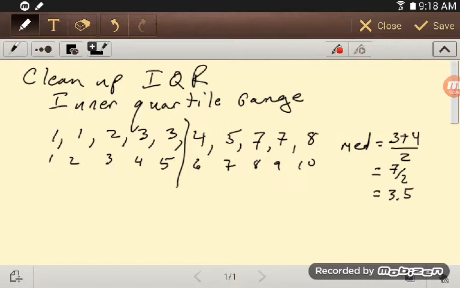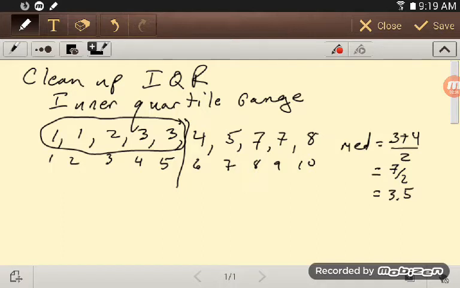And again, the idea is, if I have an even number of numbers, here I had 10, when I split the data set in 2 to determine that median, I will truly do that. To get our interquartile range, we're going to take this whole half.